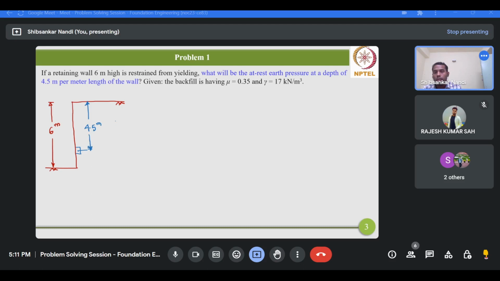The backfill properties are Poisson's ratio 0.35 and unit weight 17 kilonewton per meter cube.